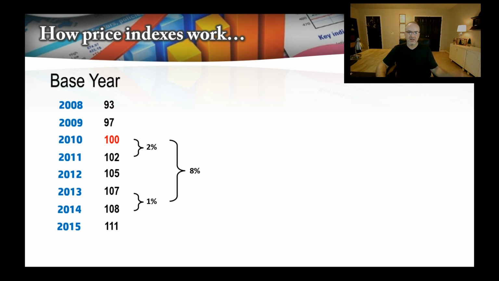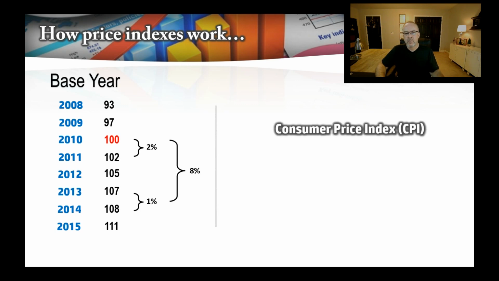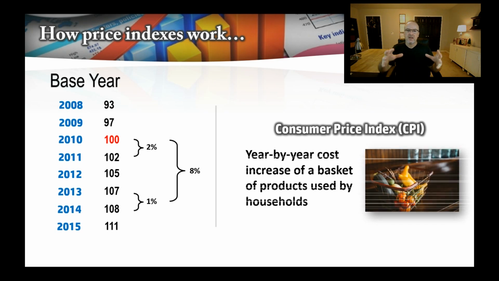So price indexes, and there are a number of different kinds of price indexes, are very helpful to being able to figure out what the inflation was between different years. One of the ones that you'll hear talked about the most is called the Consumer Price Index. And the Consumer Price Index is basically, they take this group of goods, they call it a basket of products or a basket of goods. It's a different list of products.